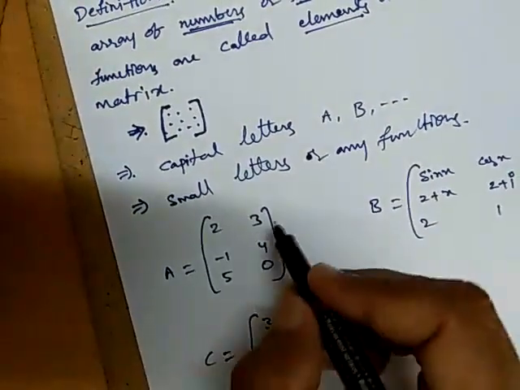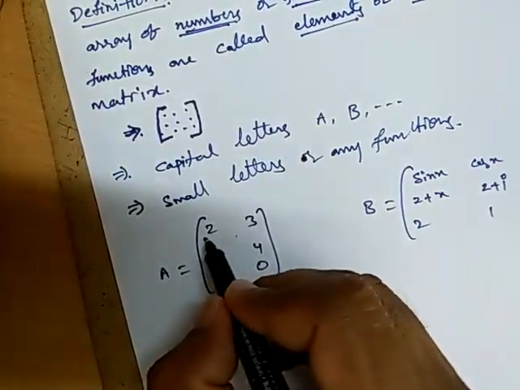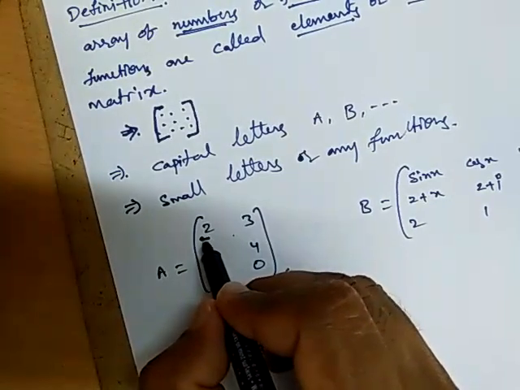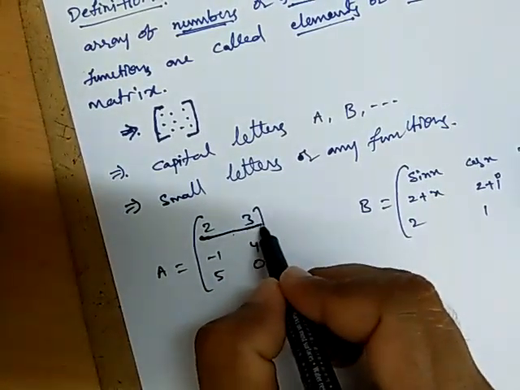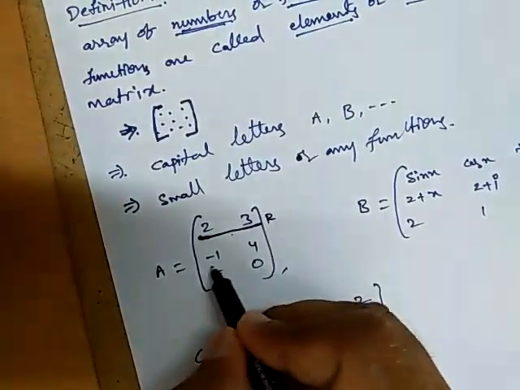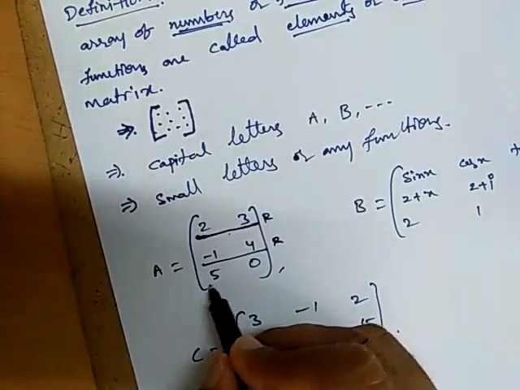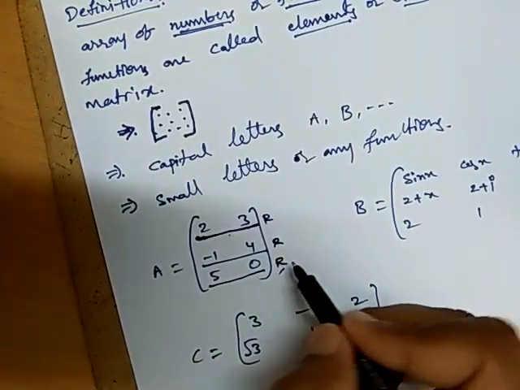Now you observe clearly here, in the matrix, a horizontal line is a row. This is one row, this is also one row.